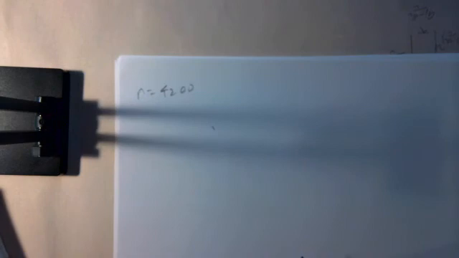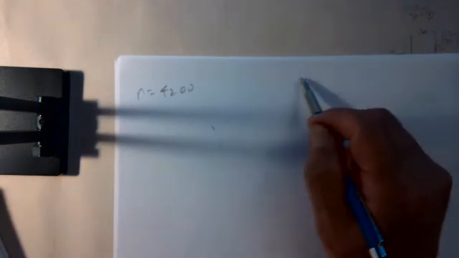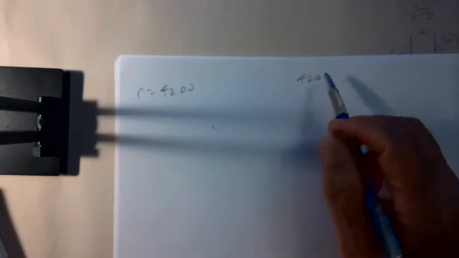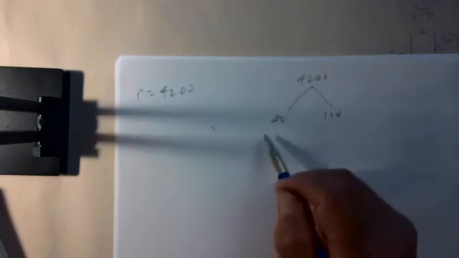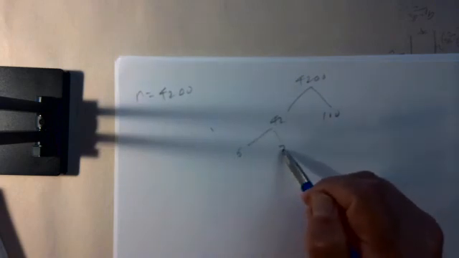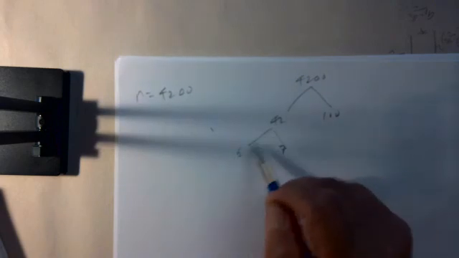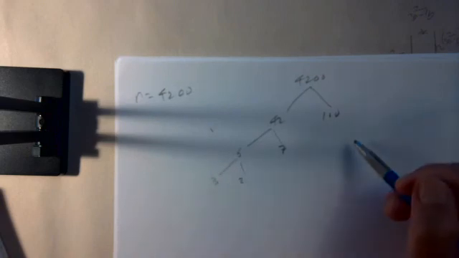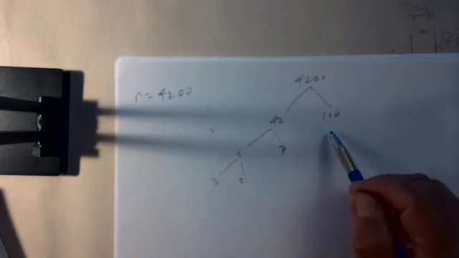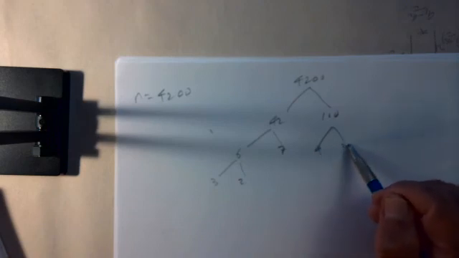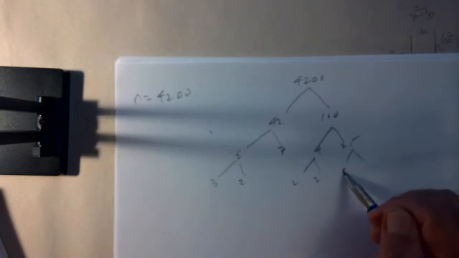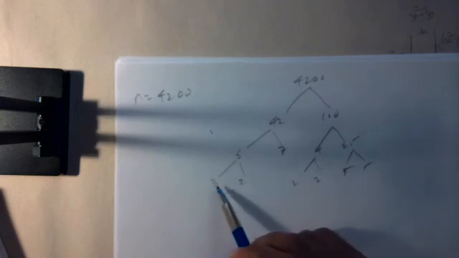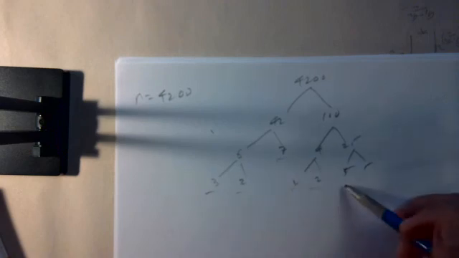A lot of people did this in elementary school. You had a number like 4,200 and you want to factor it. So sometimes you do a factorization tree, like maybe this is 42 times 100. And 42 is 6 times 7. 7 is a prime, but 6 is 3 times 2. 100 is 4 times 25. 4 is 2 times 2, and 25 is 5 times 5. And now all of these numbers are primes.